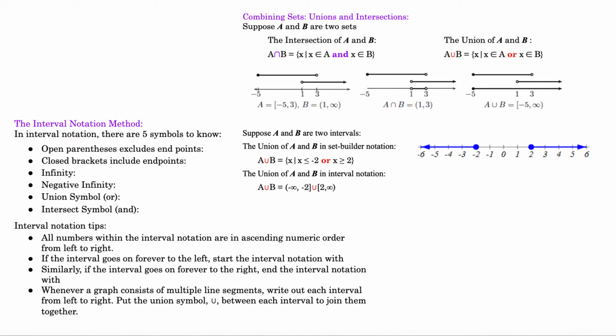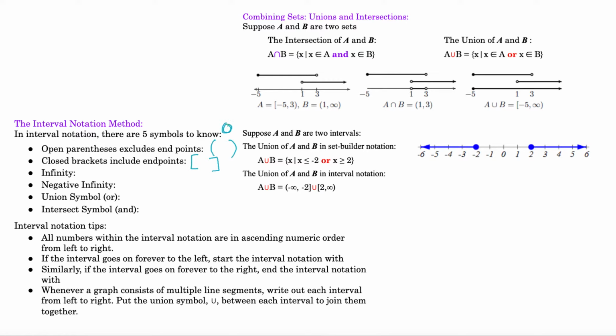When I'm looking at interval notation, we want to use open parentheses if we want to exclude our values. We want to use closed brackets if we want to include those values. So I like to think of parentheses when we have open circles and then brackets when we have the closed circles.